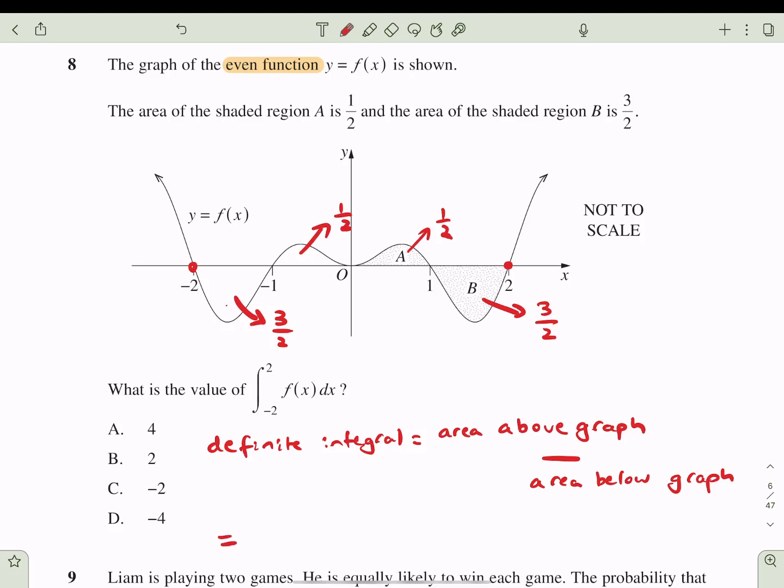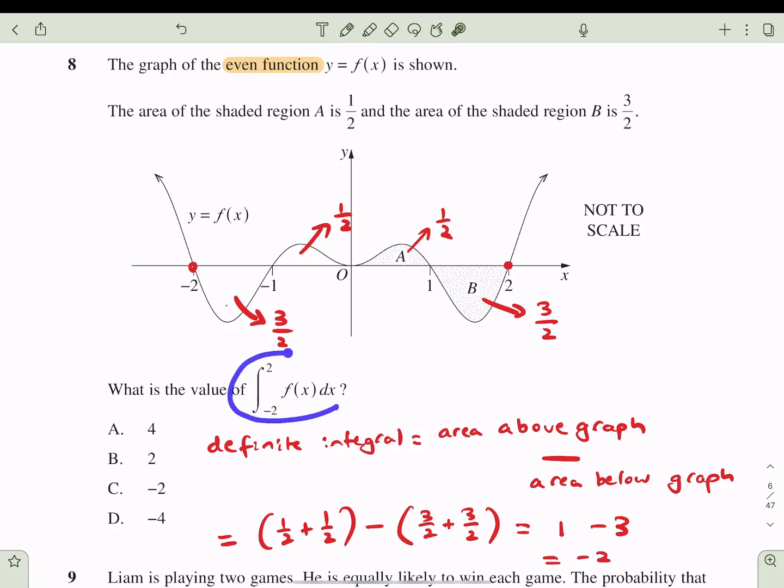The area above my graph is going to be half plus half. And the area below my graph is going to be 3 on 2 plus 3 on 2. That's therefore going to equal 1 minus 3, which is equal to negative 2. So the definite integral from negative 2 to 2 of f(x) is purely just equal to negative 2. Alright, so my answer here is C.